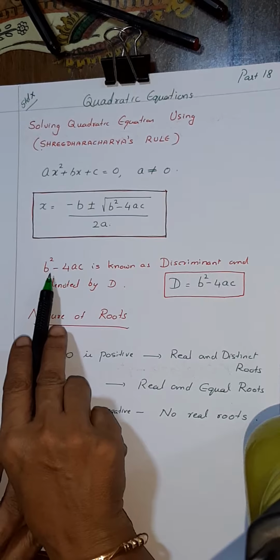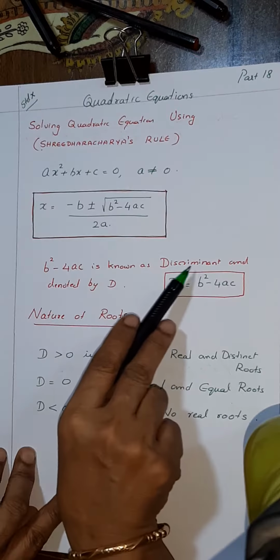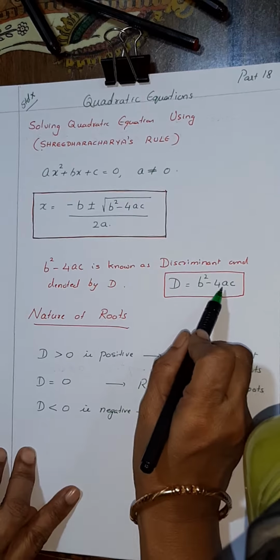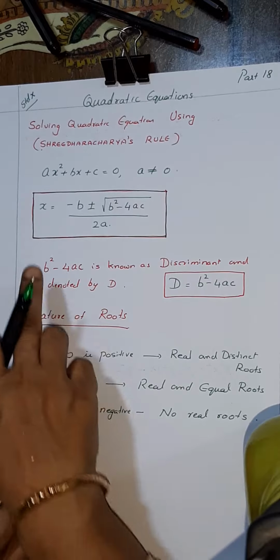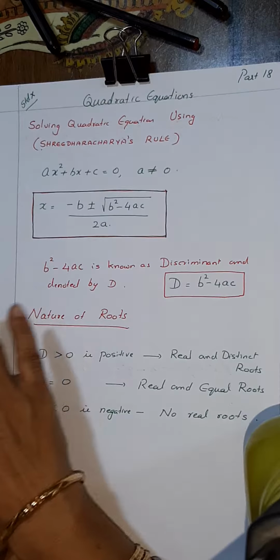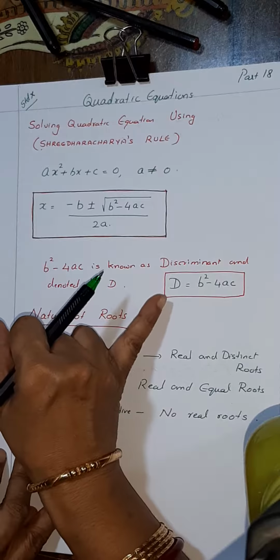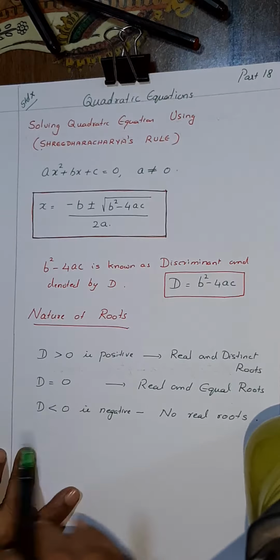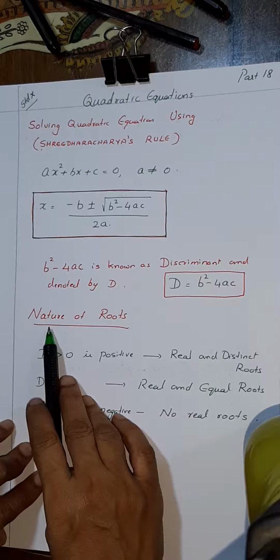Now b squared minus 4ac is known as the discriminant and is denoted by D. So D equals b squared minus 4ac. Without solving the equation itself, just by seeing b squared minus 4ac, we can find the nature of the roots.